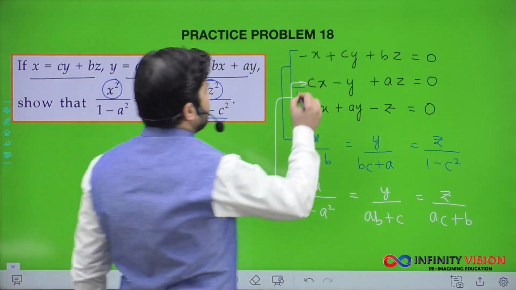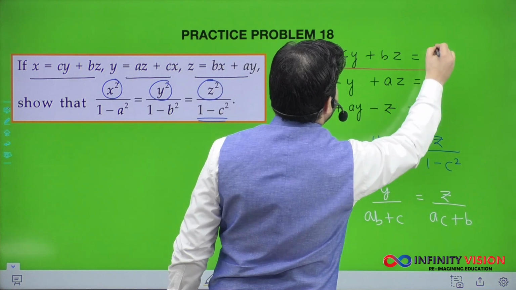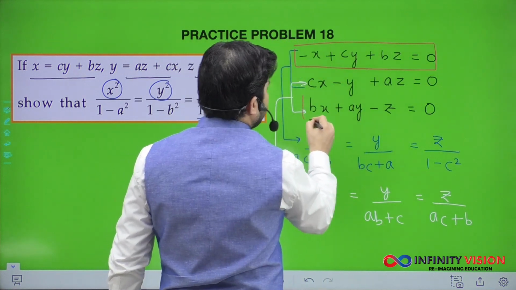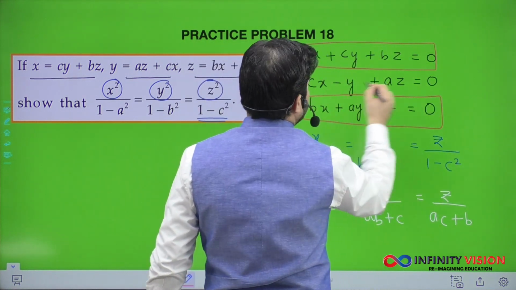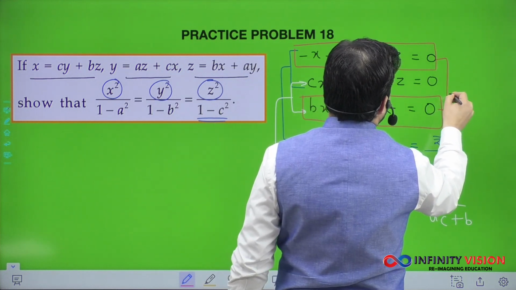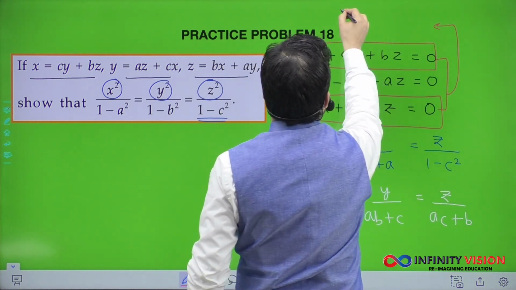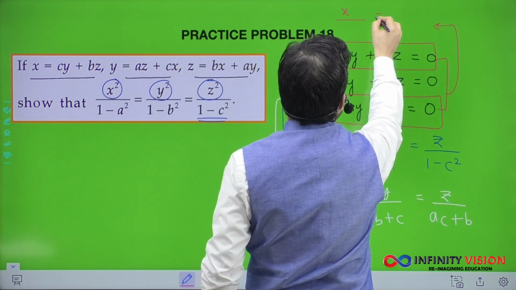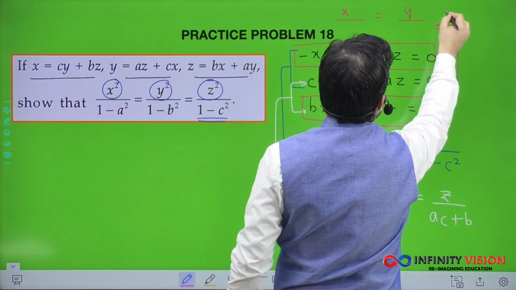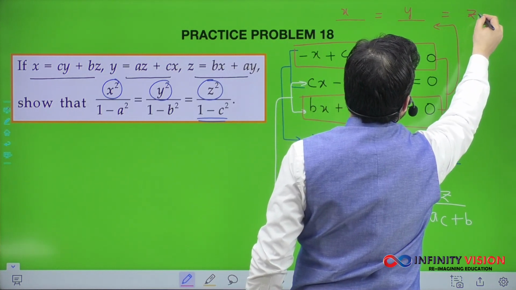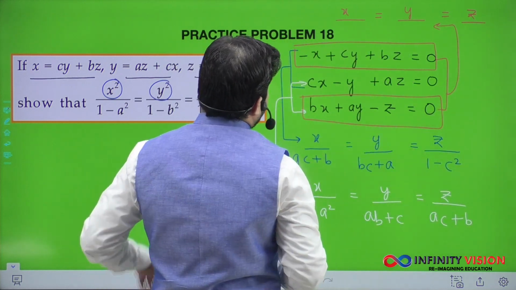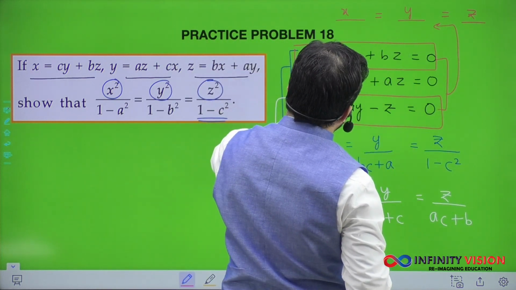Now what about the first and the third? So we are just going to focus on the first and the third. So if I focus on these two, I would be able to write x upon y upon z upon. For x, I'll just hide the first two terms.